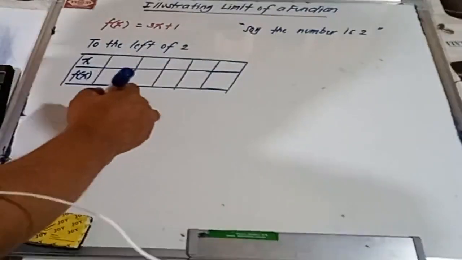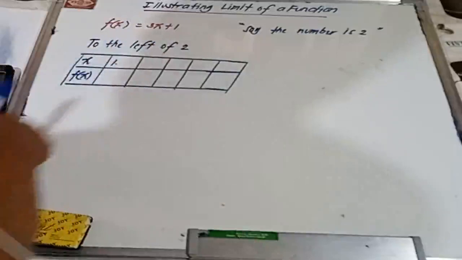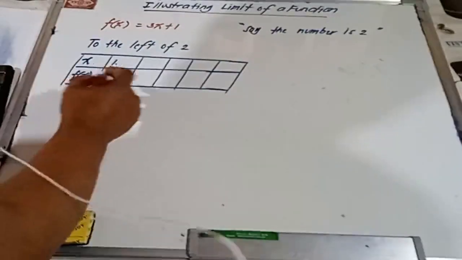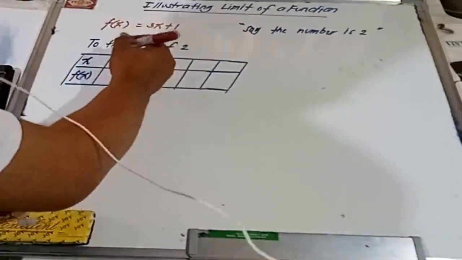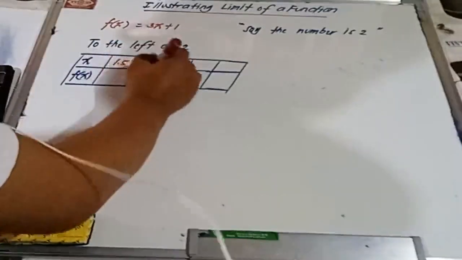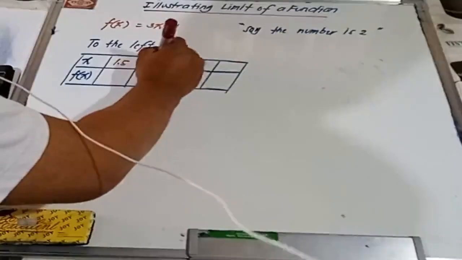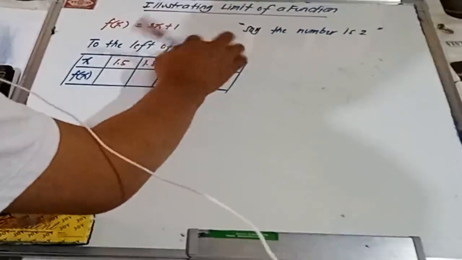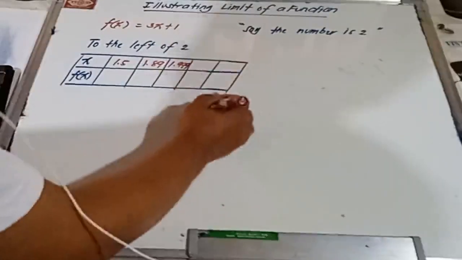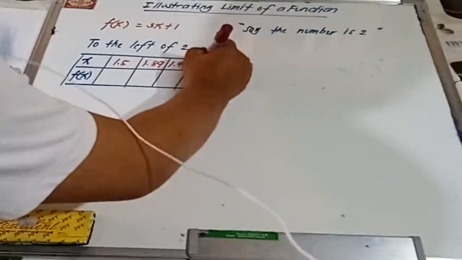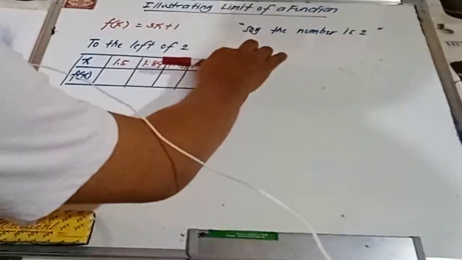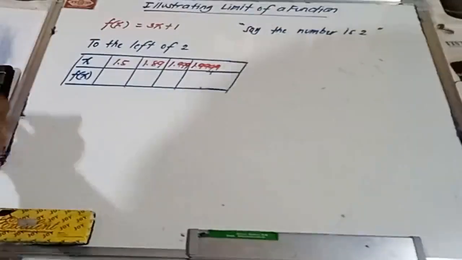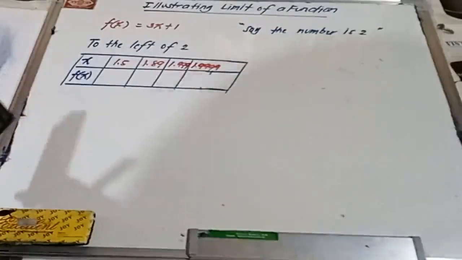Let's say 1.5, palapit ng palapit, 1.89, then 1.999, then 1.9999. Yan. Then, solve natin si f of x or y.